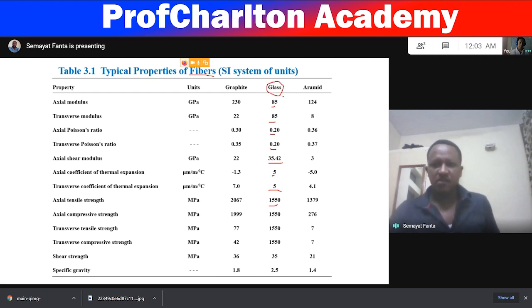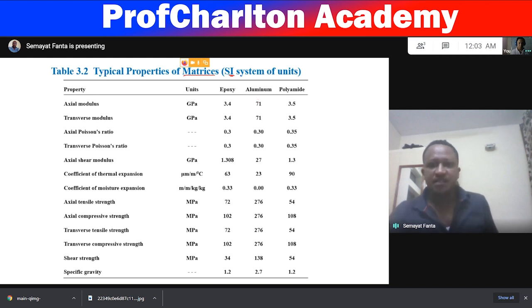So where is epoxy? Epoxy is the matrix material. So this is epoxy. We have given here three matrix materials. Epoxy is one of the matrix materials, and polyamide is another matrix material. So now epoxy material properties are these properties.